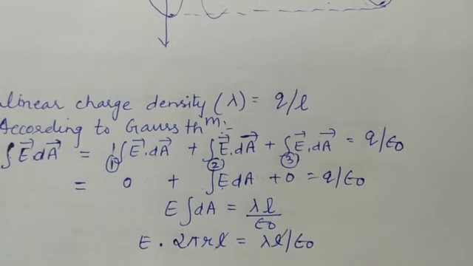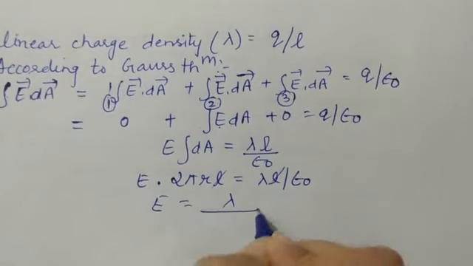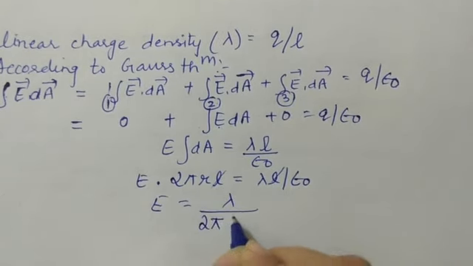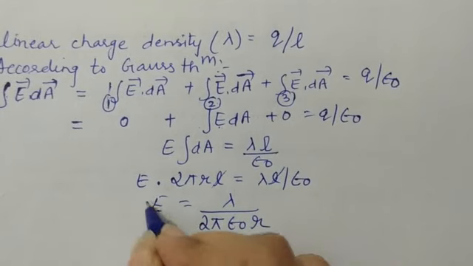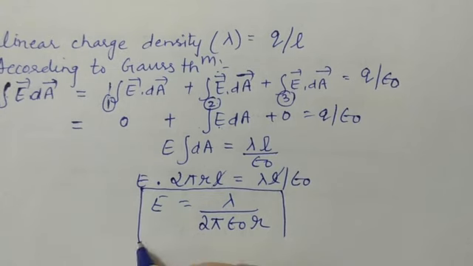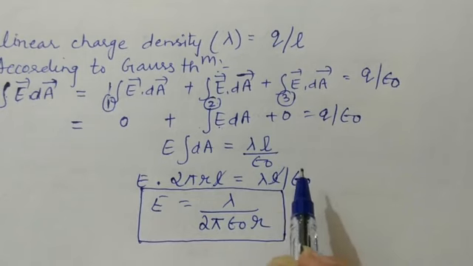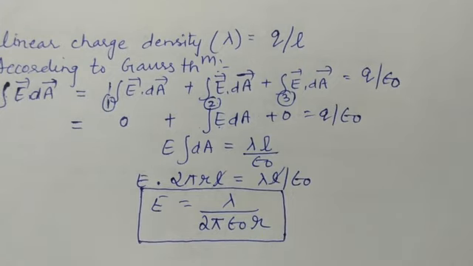We can cancel out L and here we get electric field E equals lambda upon 2 pi epsilon naught r. So this is the electric field of a straight infinite charged wire, when we cannot apply Coulomb's formula or Coulomb's law on that. Then we do it with the help of Gauss theorem.